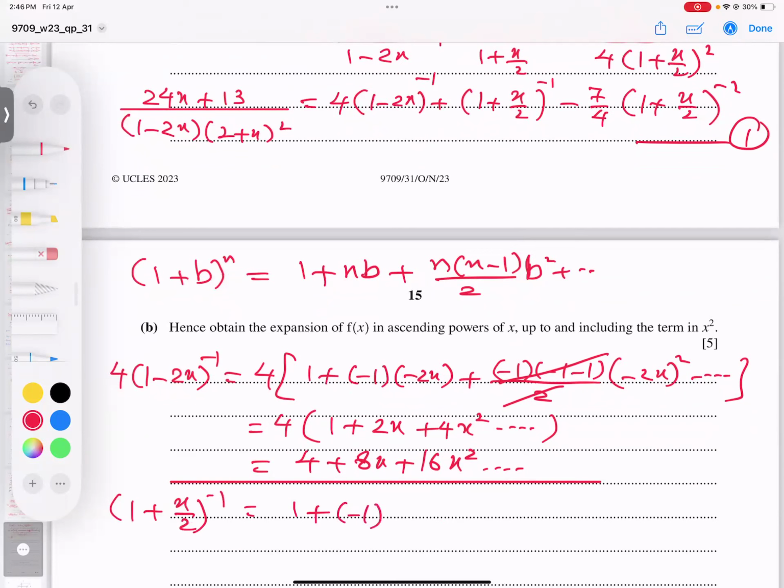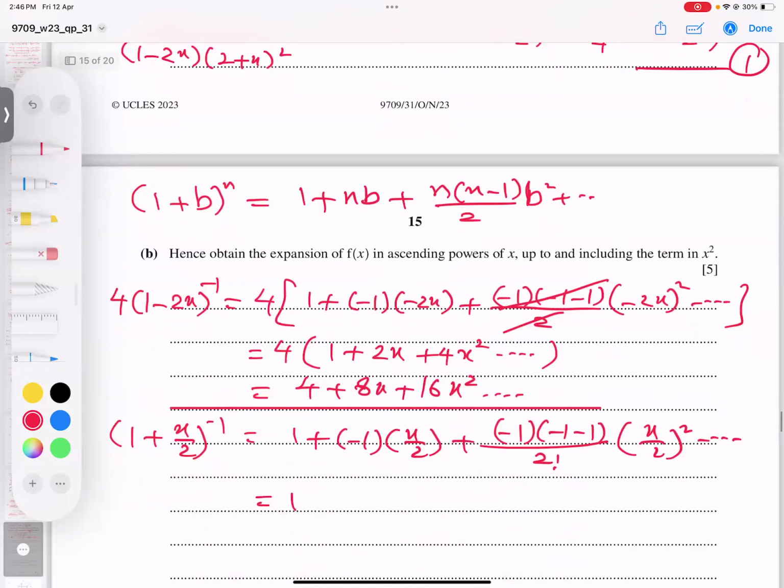So n is -1, b is x by 2. And n into n minus 1 over 2 factorial, or 2, or the square of this function. So if I apply it, I get x by 2, and here this fully cancels, I got x squared by 4. This is done as well.